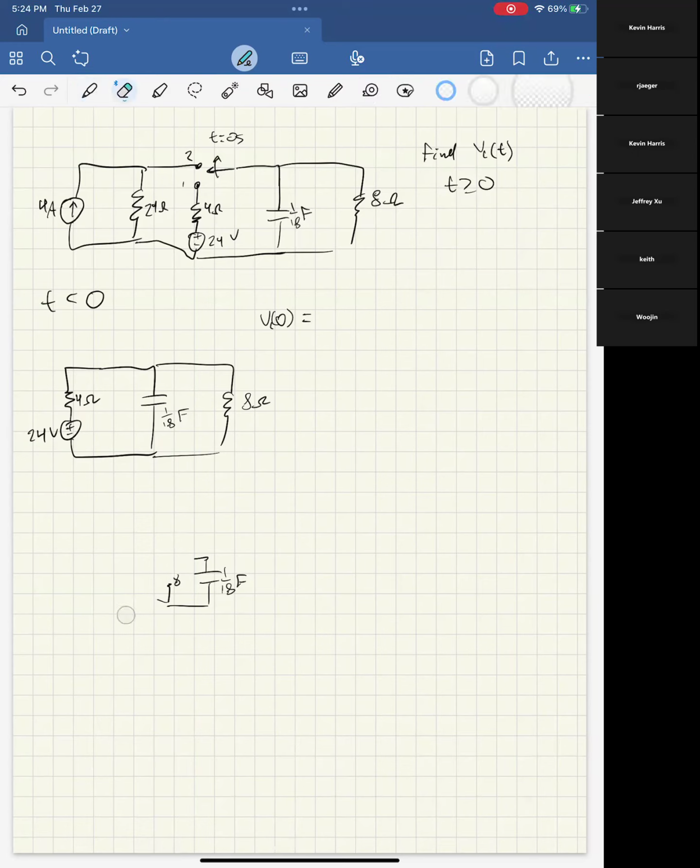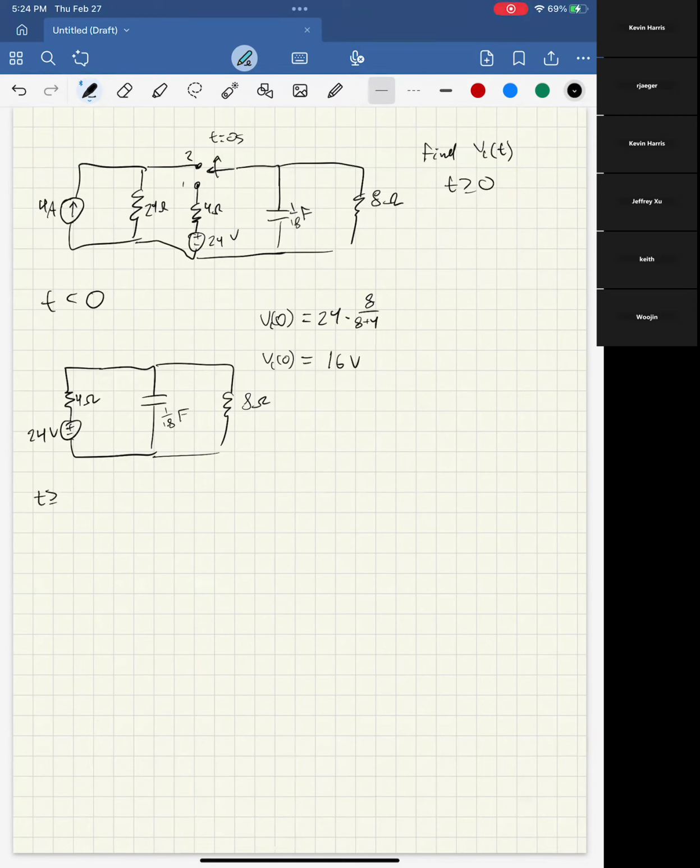So what that tells us is that VC of 0 will equal that input 24 volts times 8 over 8 plus 4. So 2/3 of 24, because 8 over 12. And so that would give us 16 volts.